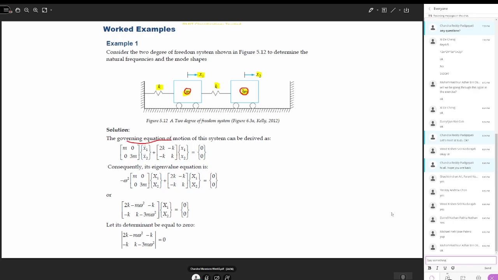Okay, the mass matrix is m, 0, 0, 3m. So this is the mass matrix, followed by the accelerations x1 double dot and x2 double dot matrix, plus the stiffness matrix. So the stiffness matrix is always k1 plus k2, minus k2, then minus k2 and k2.